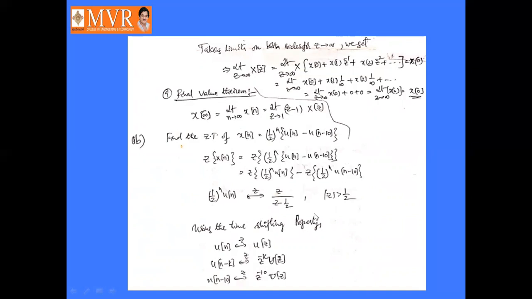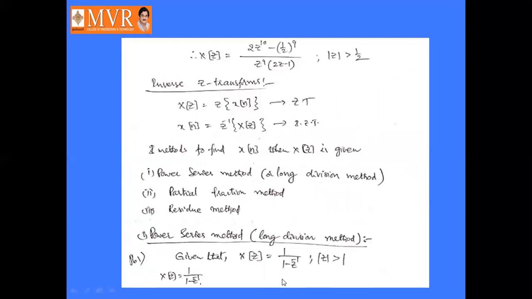Next, using the time shifting property, Z transform of u of n is U of z, then Z transform of u of n minus k is z power minus k into U of z. Similarly, Z transform of u of n minus 10 is z power minus 10 into U of z.